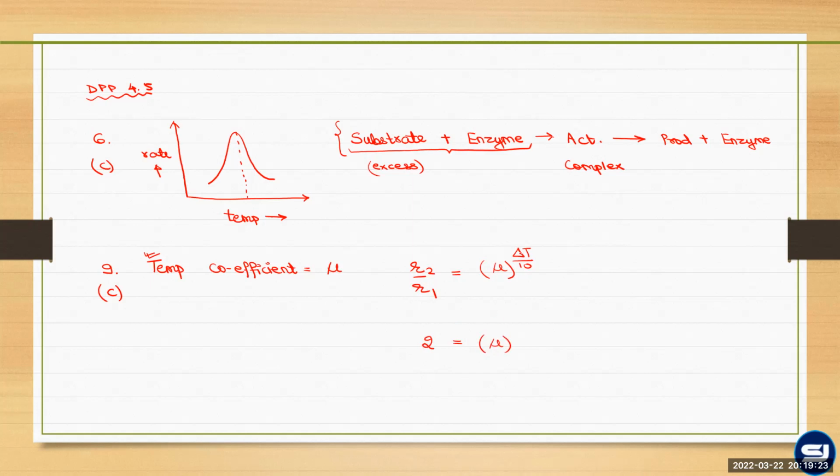So every 10 degree rise means the change in the temperature is 10 only. So 10 by 10 becomes 1. So 2 will be equal to mu. So this mu directly has the value 2. That's how we say the temperature coefficient is 2.